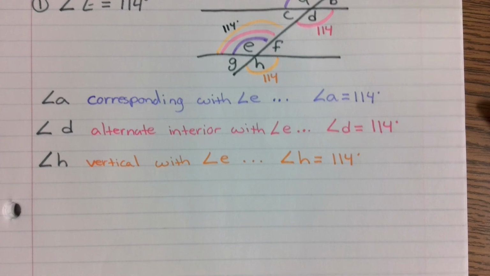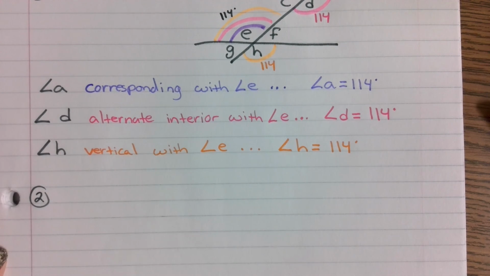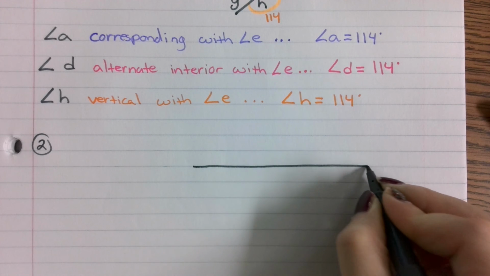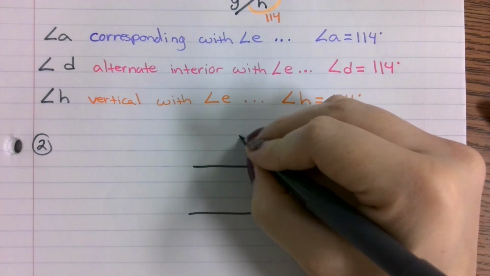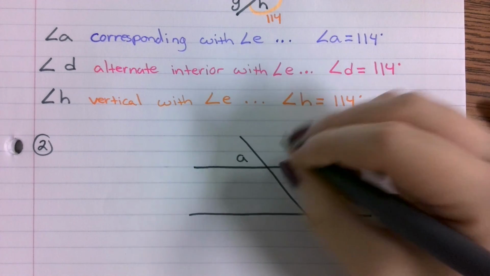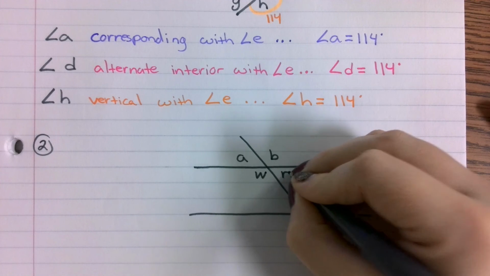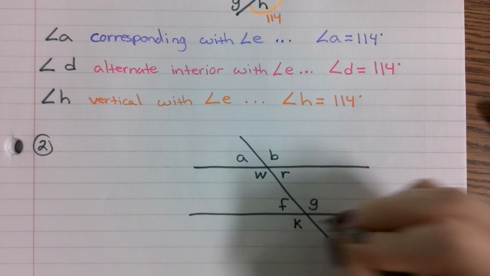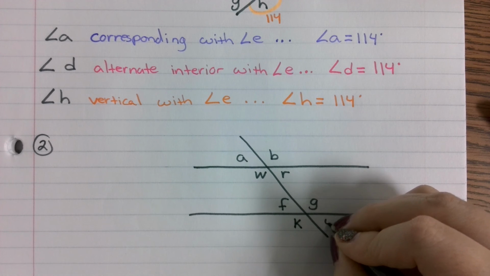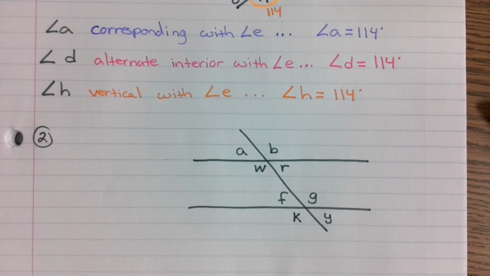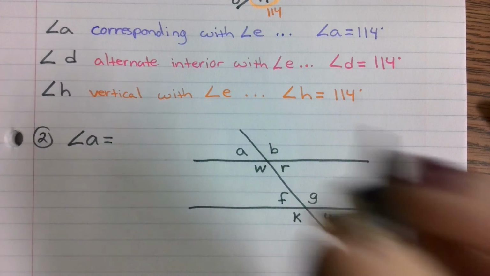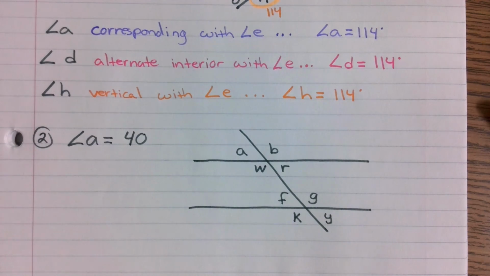Let's do another example. Angle A equals 40.